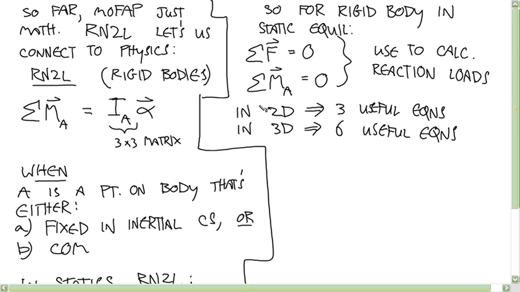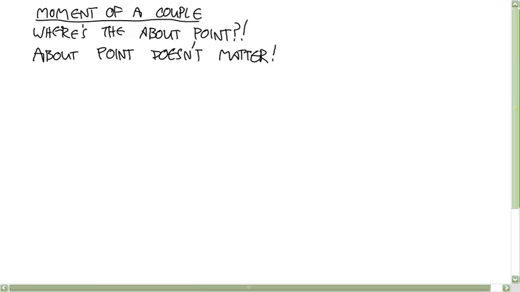Then you're just going to be able to add these couples into the left side of this equation without adjusting anything for an about point, because they're exactly the same for this about point as they are for this about point or this one, okay? So couples are just something you can always add into that equation without worrying about the about point. Okay, that's just kind of a heads up on where we're going.